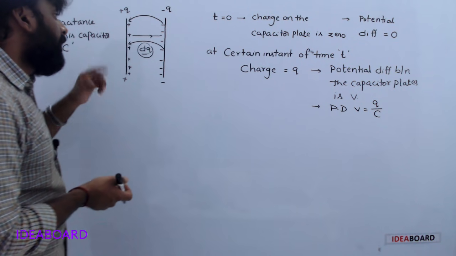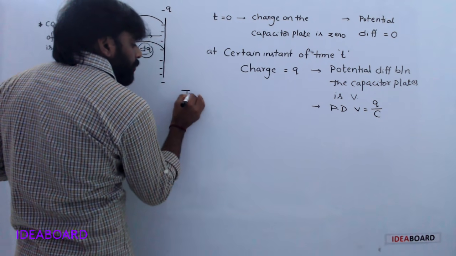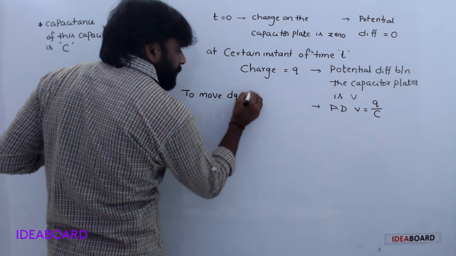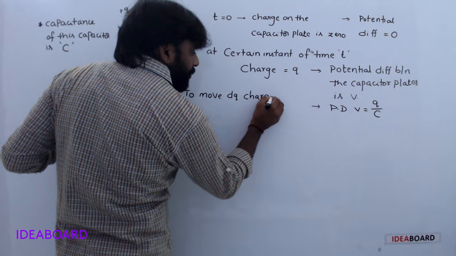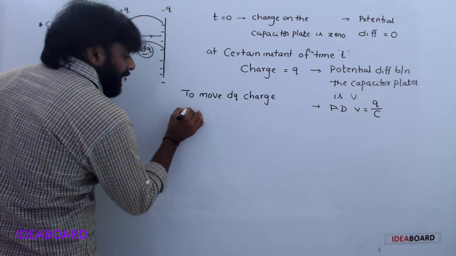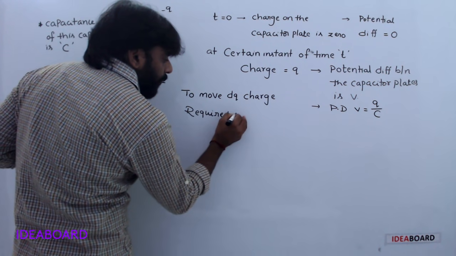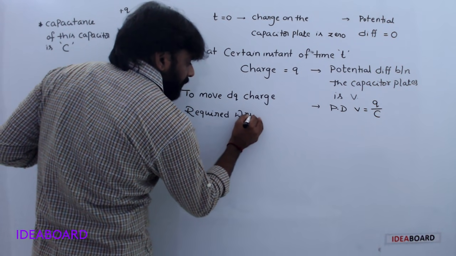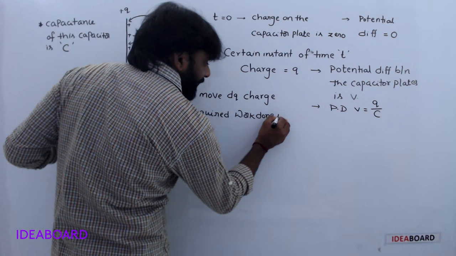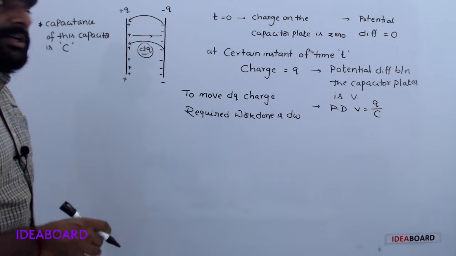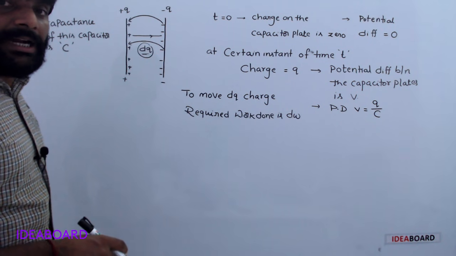So to move dq charge, the required work done is dw. Understood?